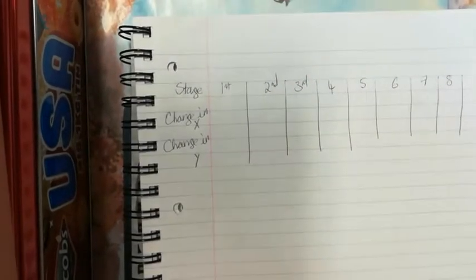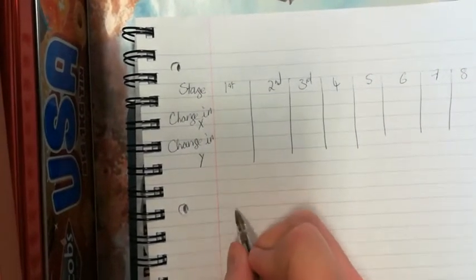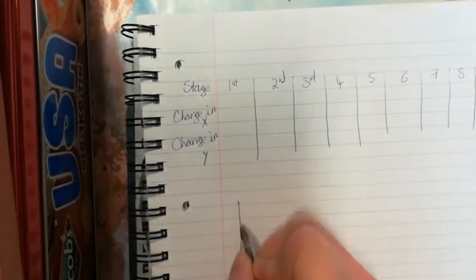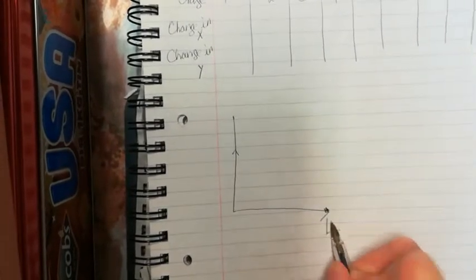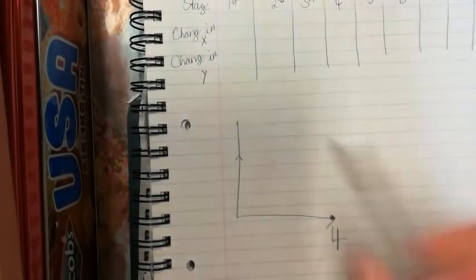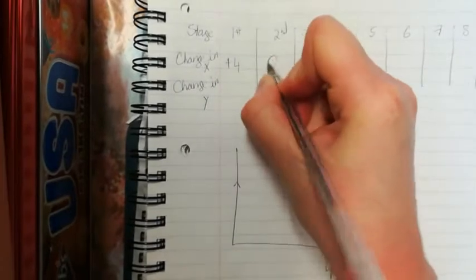So the diagram they gave us was something like this. It goes across 4 in the first one. So if that was our x-axis, it would be going across positive 4, and they've given us these values already.